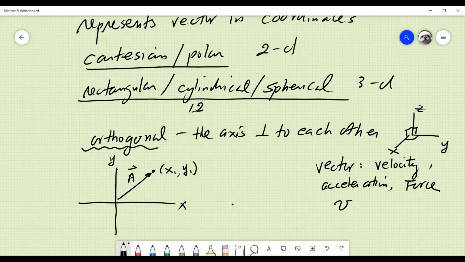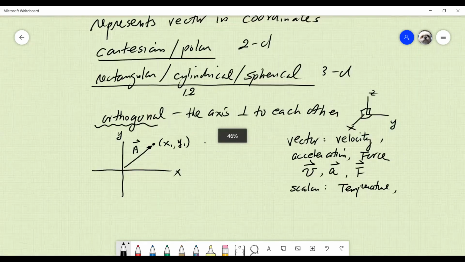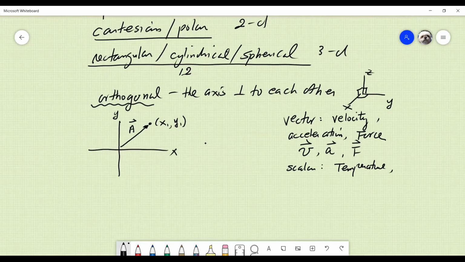How do you write a vector? We put an arrow on the top. And scalar, right? What is a scalar? Scalar means they have only a magnitude, right? Temperature is a scalar. And mass is a scalar, right? No direction. And pressure is a scalar, and so forth.